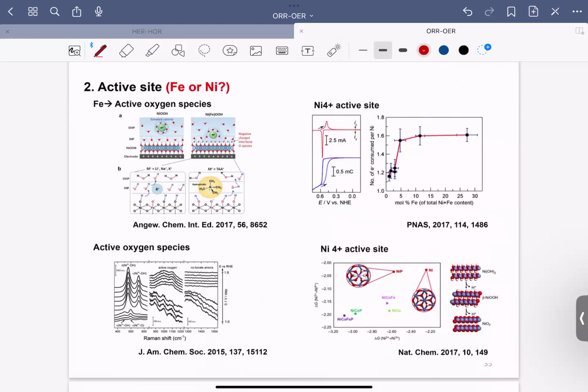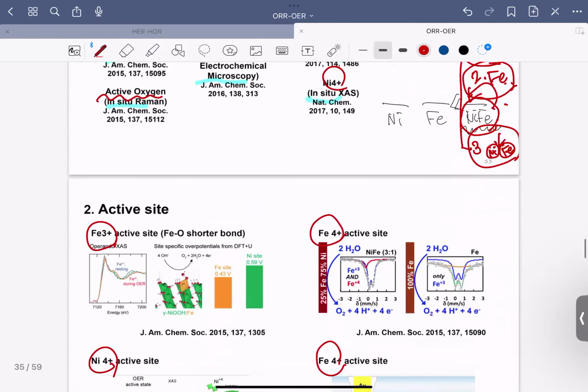This is the reason I wanted to dive into this when I started my postdoc career, at the end of 2016, actually 2017, right? So this is the summary.